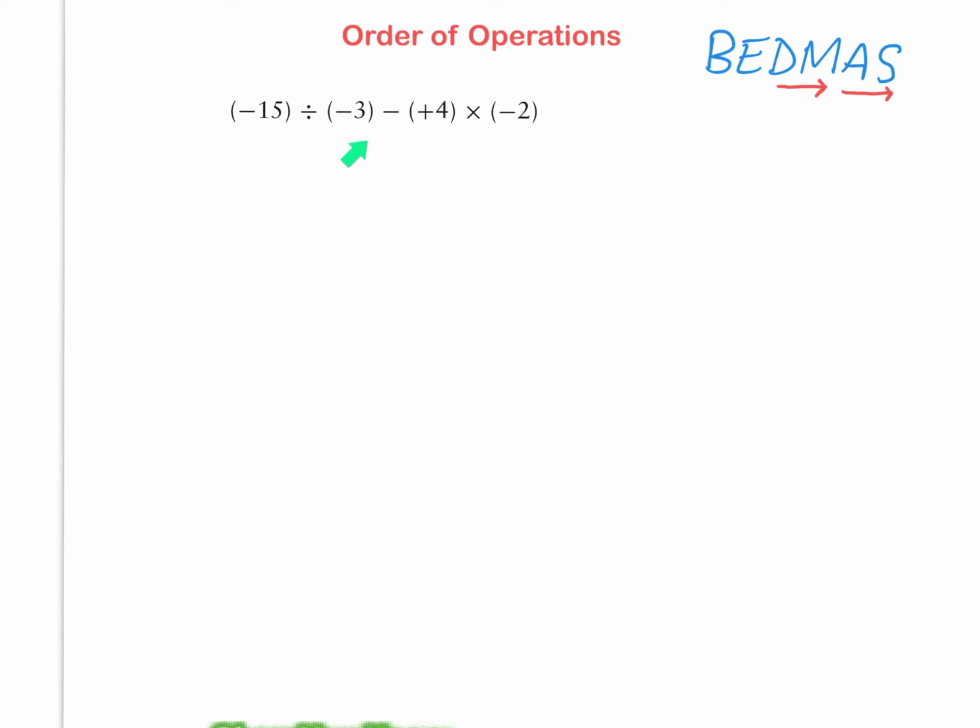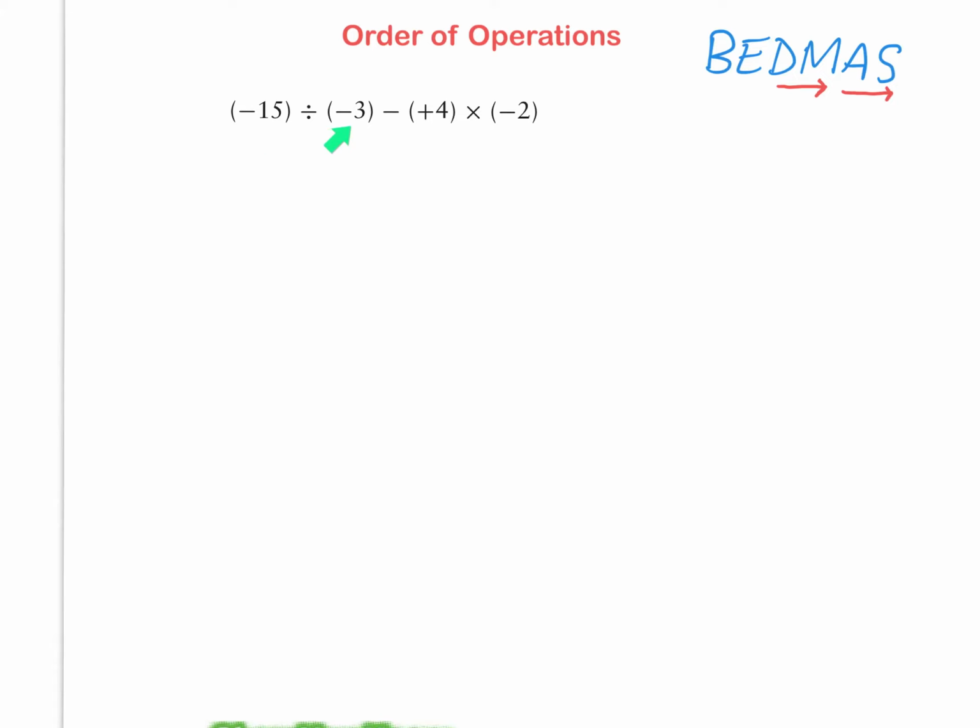You always go left to right, division, multiplication. I found a division, so I'm going to do that first, then adding and subtracting. So we'll do the division, then this multiplication, and our last step will be this subtraction.